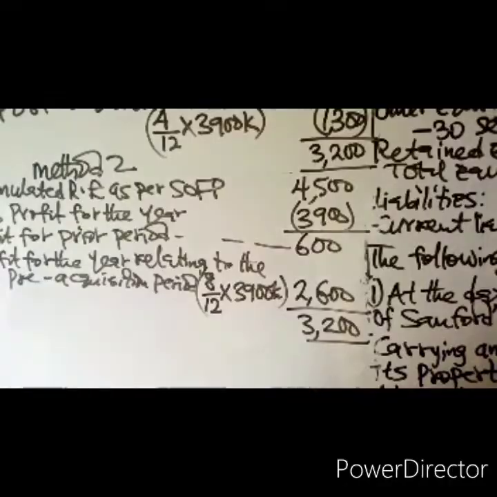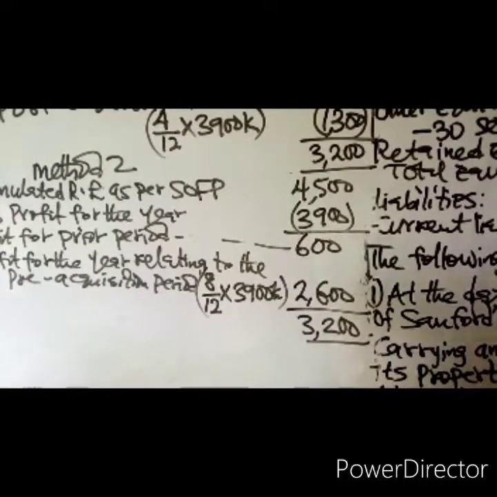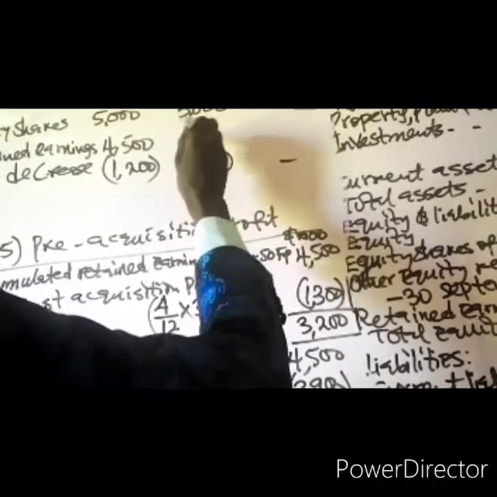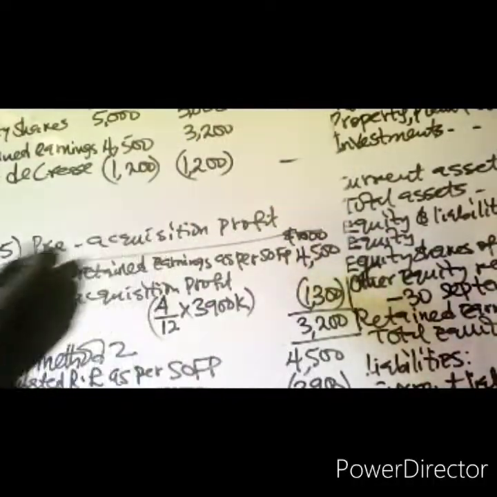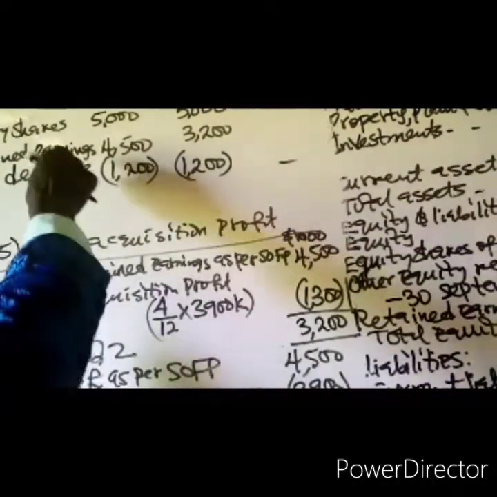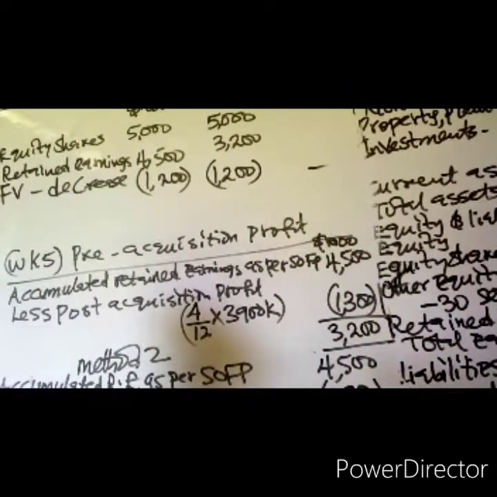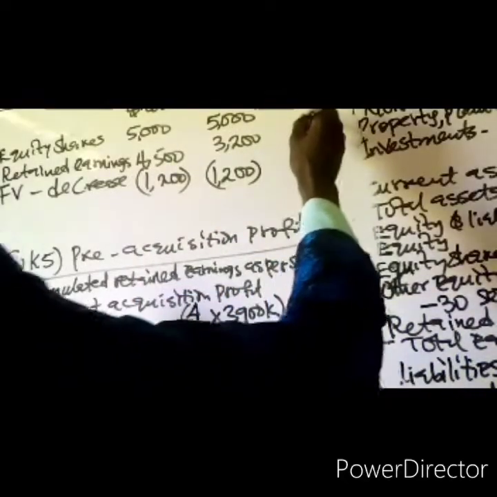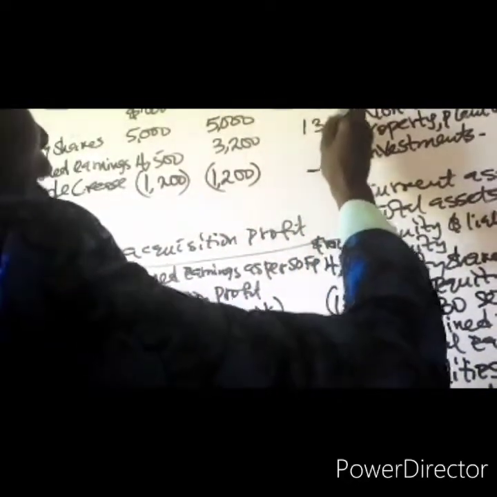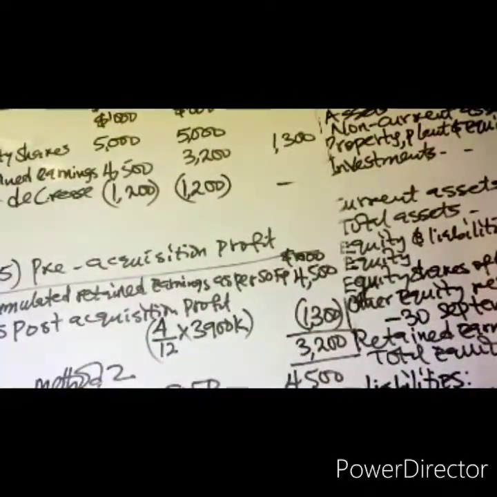That is the pre-acquisition profit of the subsidiary. Therefore, if you subtract 3,200 from the accumulated profit of the subsidiary as per the statement of financial position, you will have the post-acquisition profit of 1,300.